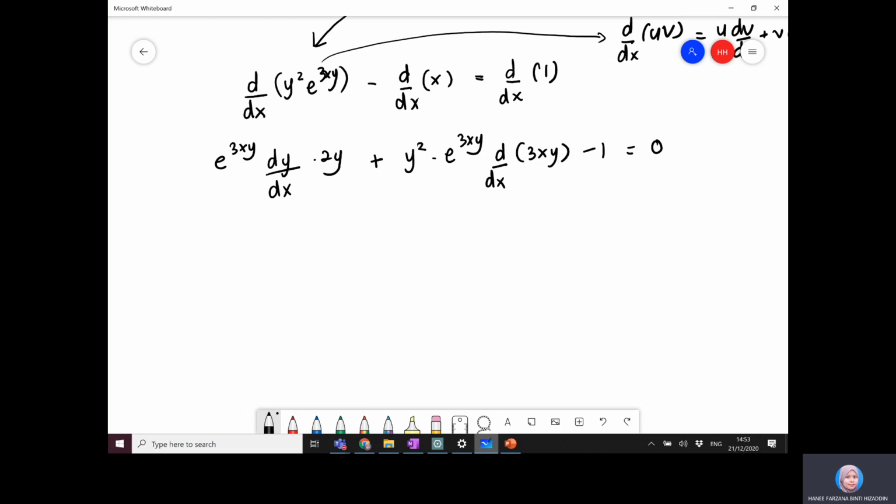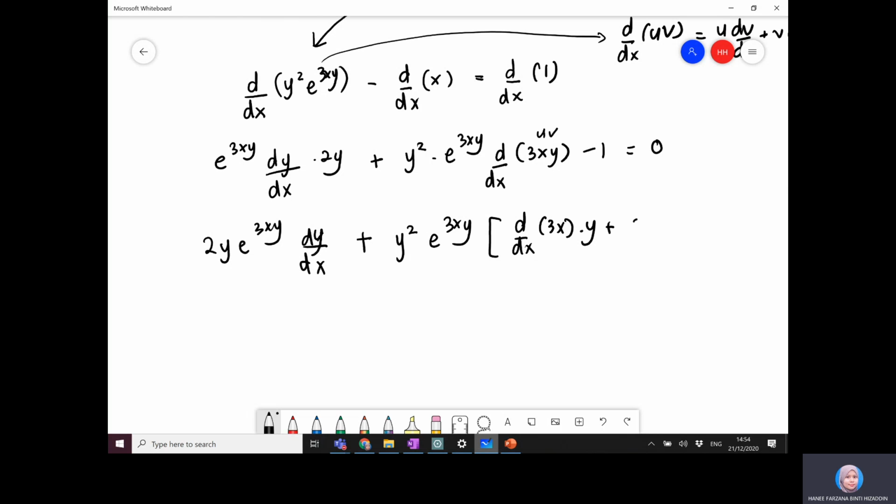Yeah, just collect everything. When you differentiate 3xy, this is also another uv term. So d/dx of 3x times y plus 3x times dy/dx. So this is this part.